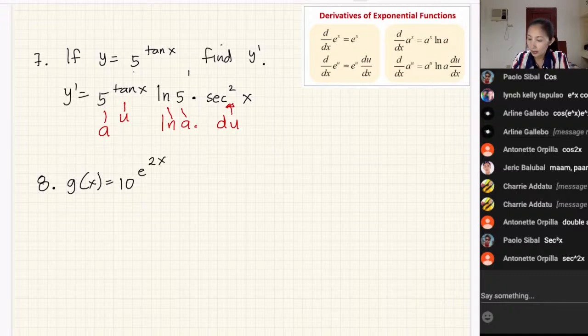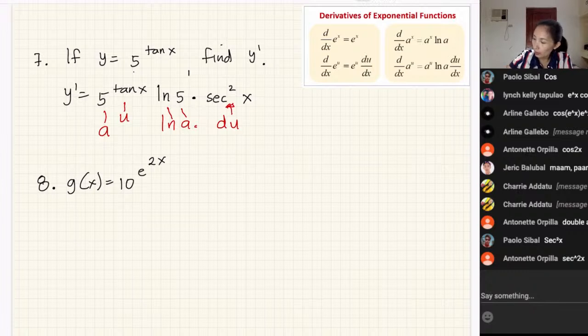Okay. So, take note that this is of the second form still. Here, a to the u. Okay? A to the u, where u is another exponential function, e raised to 2x. Okay, so let's apply again the rule or the formula for a to the u.